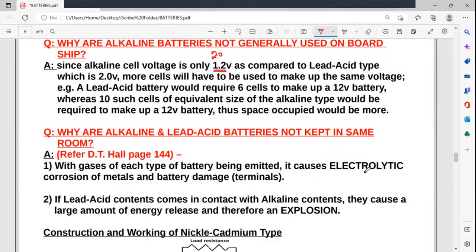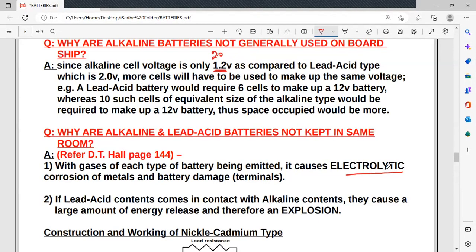they cause what is called electrolytic corrosion of metals. In other words, the terminals of your battery start getting corroded. They get eaten up. When they get eaten up, proper connections cannot be made, and then your batteries will deteriorate, both lead acid as well as alkaline.